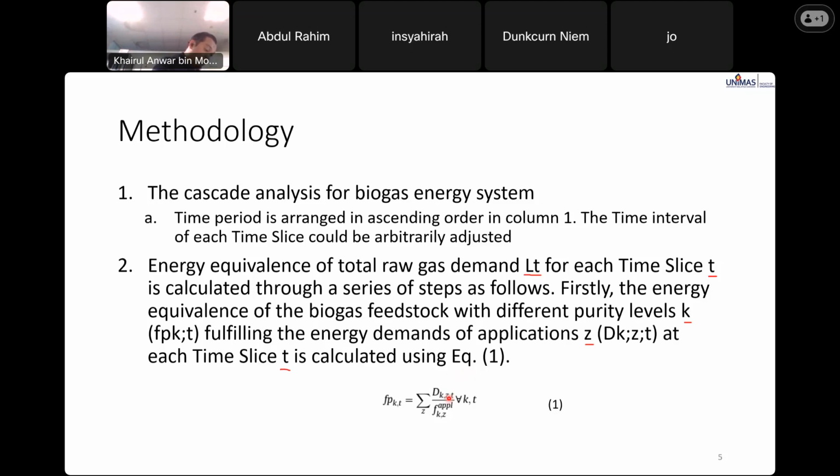The high biogas purity is cooking gas demand and NGV demand. Low biogas purity is electricity demand.